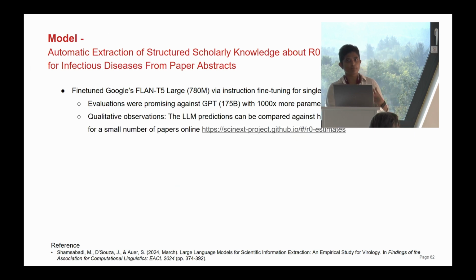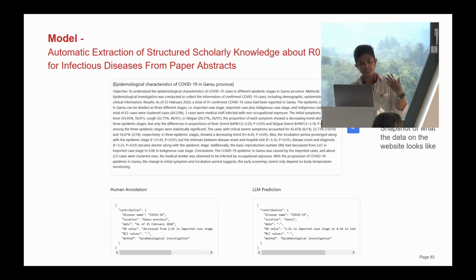We also release some qualitative observations of the data where the human can explore the human annotation versus what the LLM has produced, because sometimes the quantitative evaluations can be an underestimate of what the LLM is actually doing. That is released on the project website.